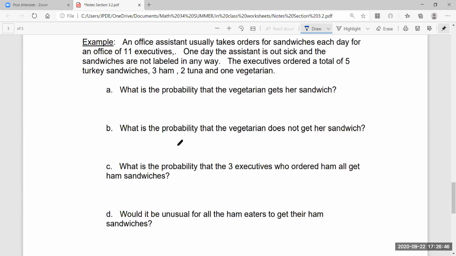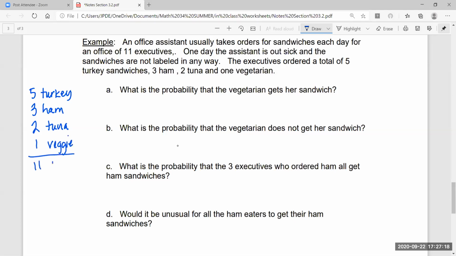Okay, so this one says an office assistant takes orders for sandwiches each day for an office of 11 executives. One day, an assistant is out sick and the sandwiches are not labeled in any way. The executives ordered a total of, and I'm going to write this down, we have 5 turkey sandwiches, 3 ham sandwiches, 2 tuna sandwiches, and 1 veggie sandwich.